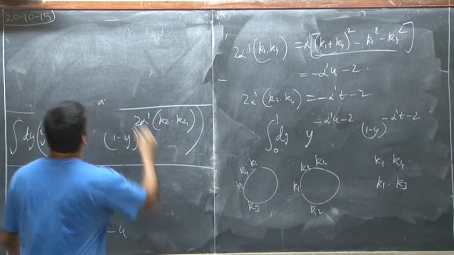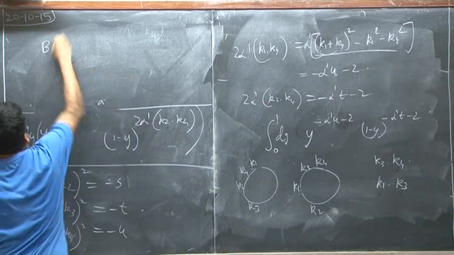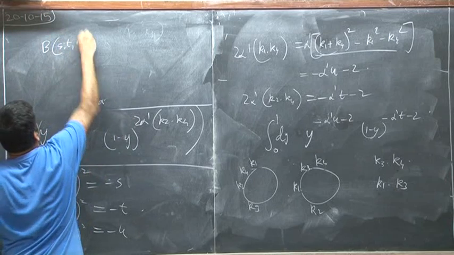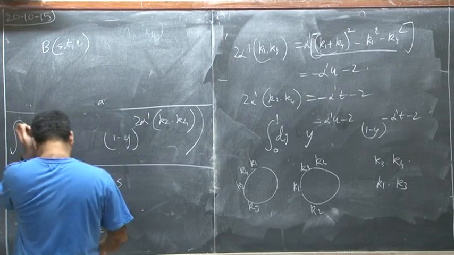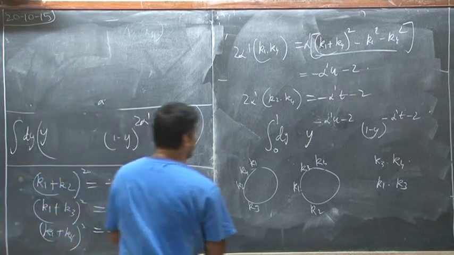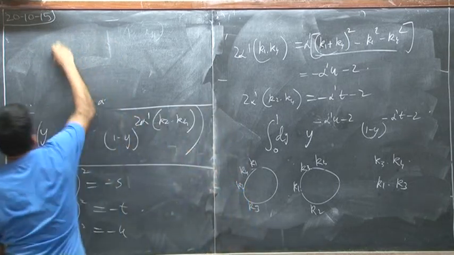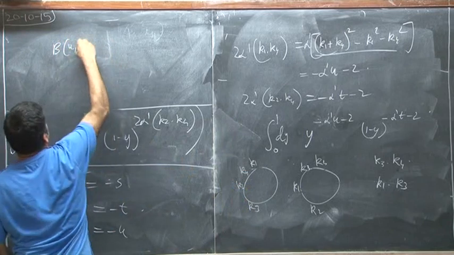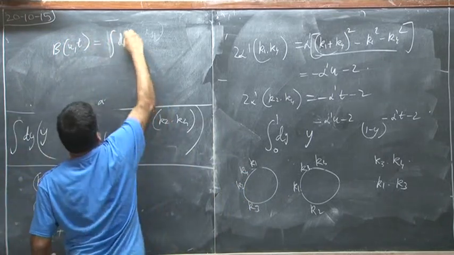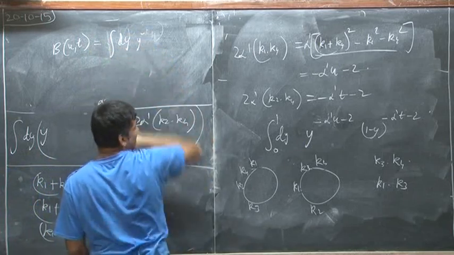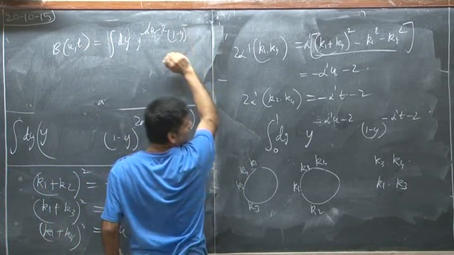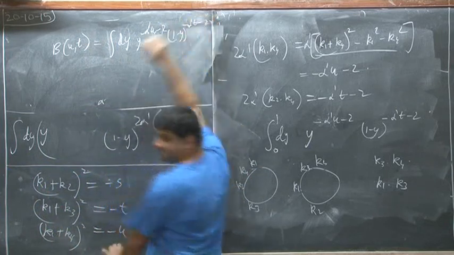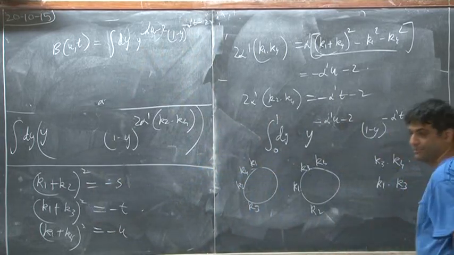What we will get is, suppose I define B of s, t, u. Okay, let me call this B of u and t to be the integral dy y to the power minus alpha prime u minus 2, times 1 minus y to the power minus alpha prime t minus 2. Suppose this is B of ut.